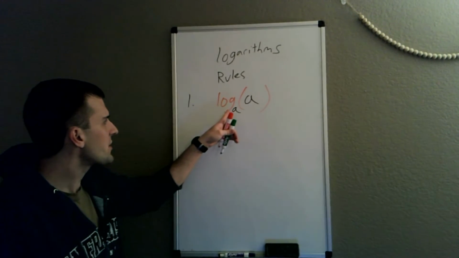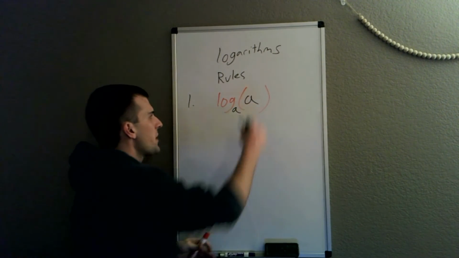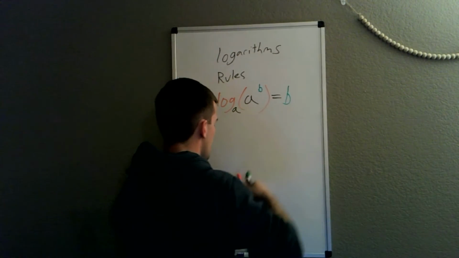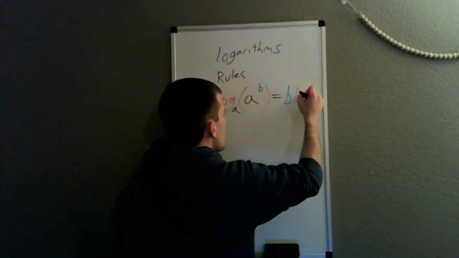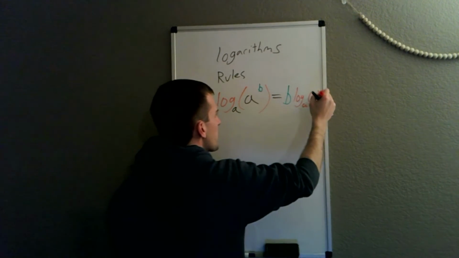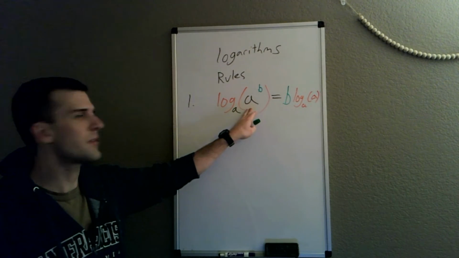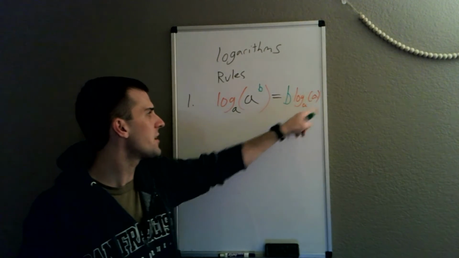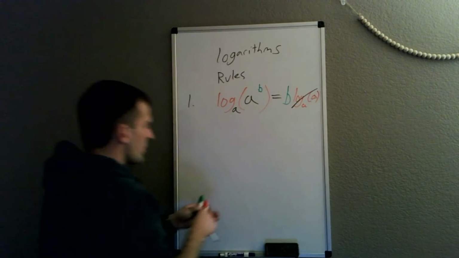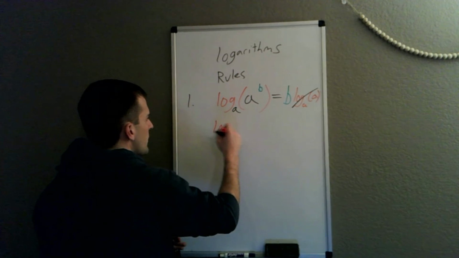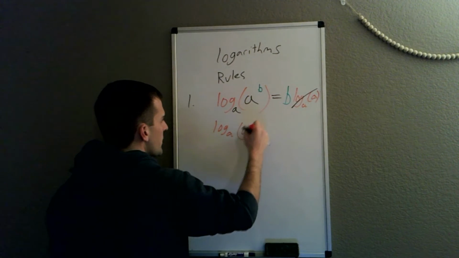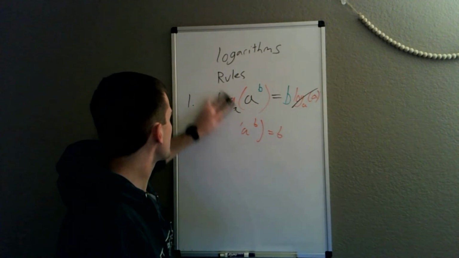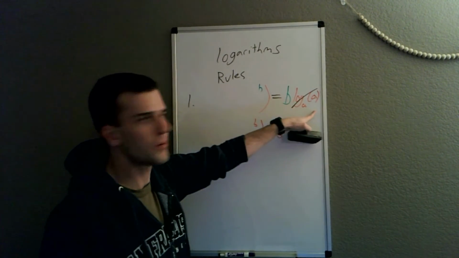But log base a of some value raised to the power of b is equal to b times log base a of a. A could be anything. This doesn't necessarily have to be a, but if this is the case, log base a of a cancels out. So you could also just say log a to the b equals b. Let me write it in a little bit more generalized form, just because this won't always occur.